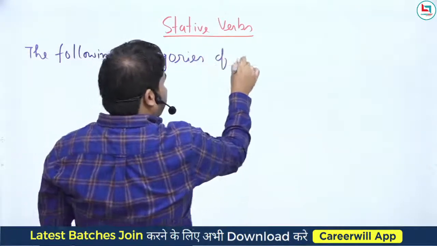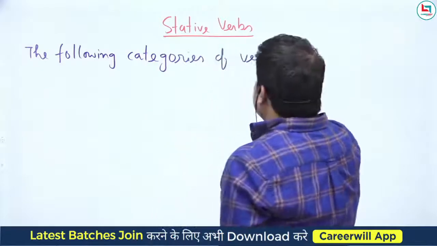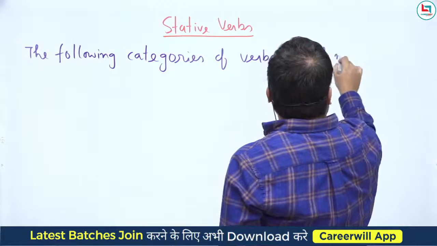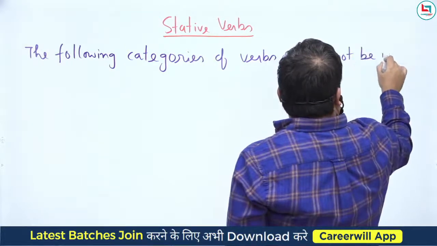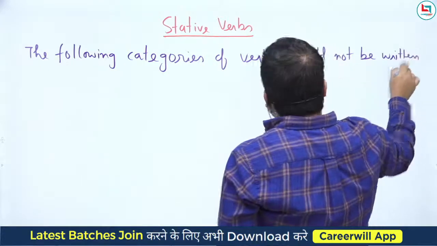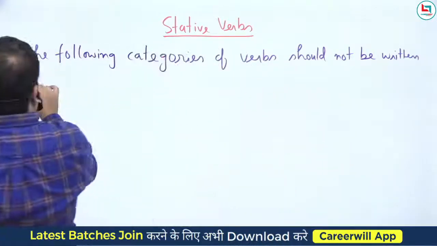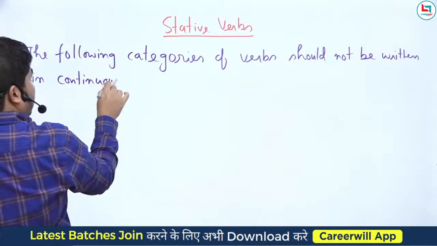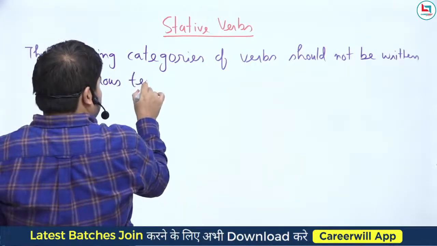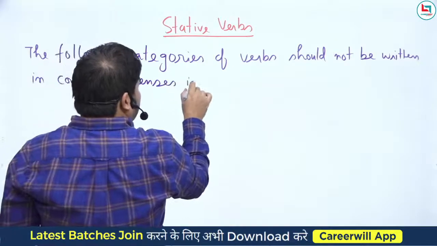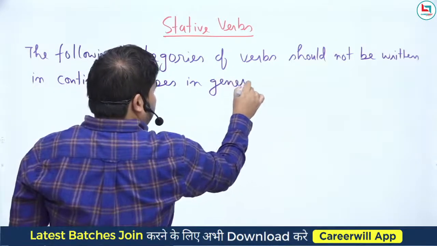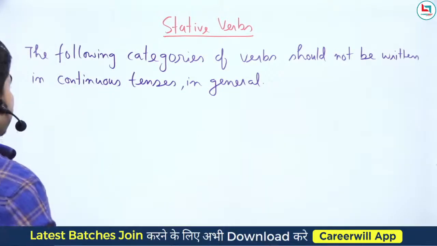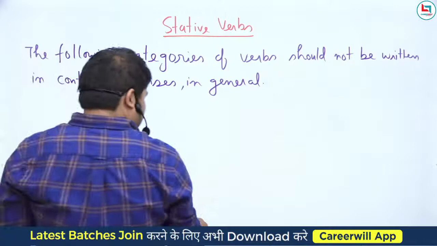Following categories of verbs should not be written in continuous tenses in general, because in English grammar this is something which is pretty important. In general, because exceptions are always there.